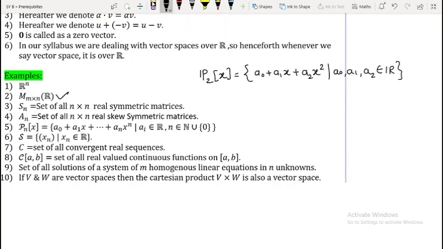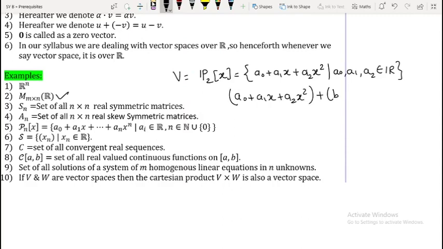So how are addition and scalar multiplication defined? For addition we need two elements of the vector space, and for scalar multiplication we need one scalar and one vector, that is, an element of the vector space. So how are we going to add elements in this case?